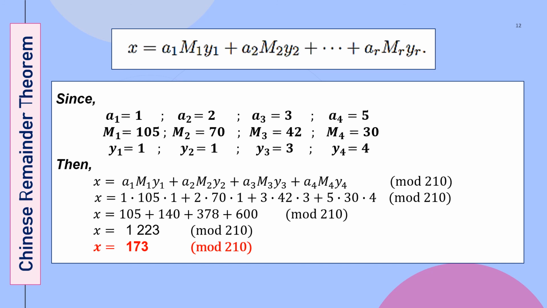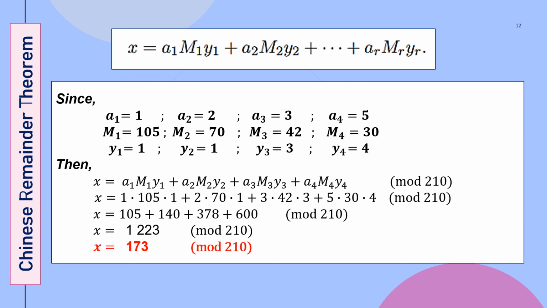We now have x equals 1 times 105 times 1 plus 2 times 70 times 1 plus 3 times 42 times 3 plus 5 times 30 times 4 modulo 210. Then we have x equals 105 plus 140 plus 378 plus 600 modulo 210. We now have x equals 1223 modulo 210.